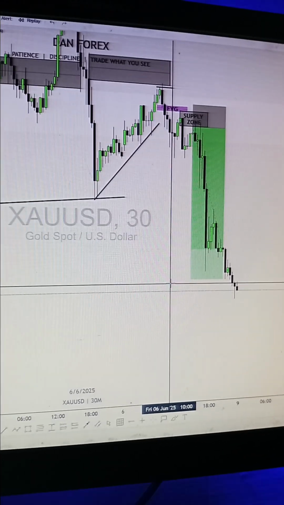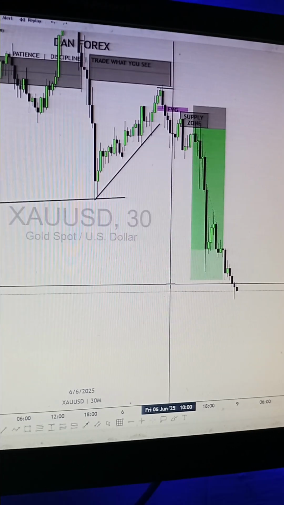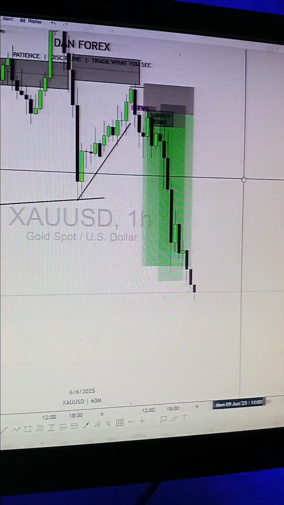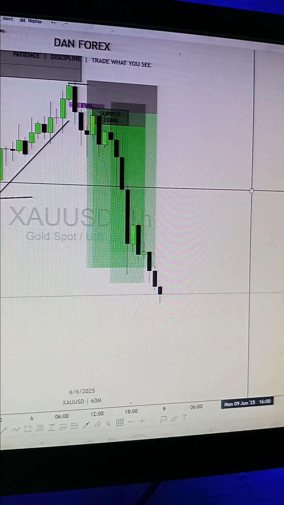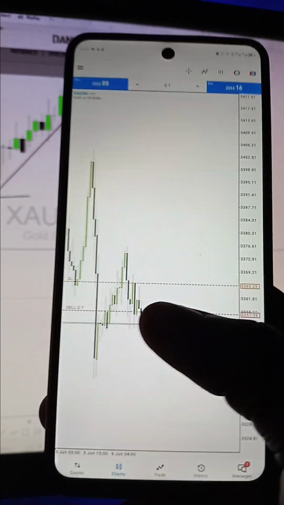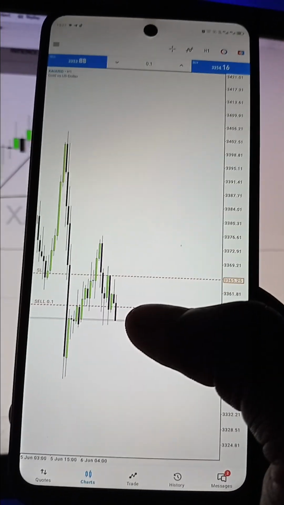Let me show you how we entered for the sales, just a little bit. Let's go back to 1 hour so that you can see how we entered the sales. This is the opening of positions where we put our stop loss.